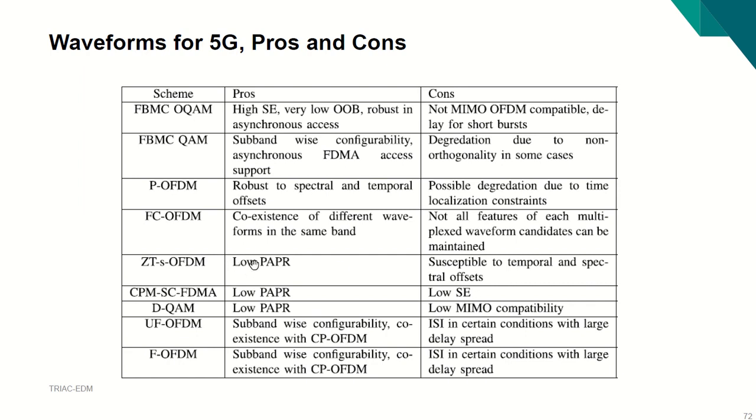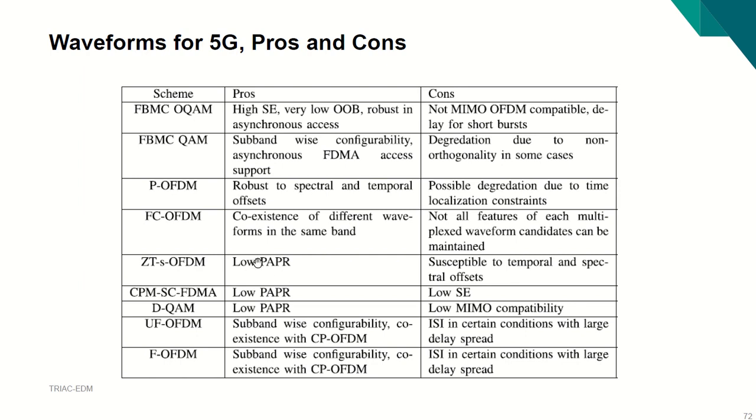That's high PAPR. But when you have low PAPR, your signal peak is not very large with respect to the average value. As a result, low PAPR makes circuit implementation easier.